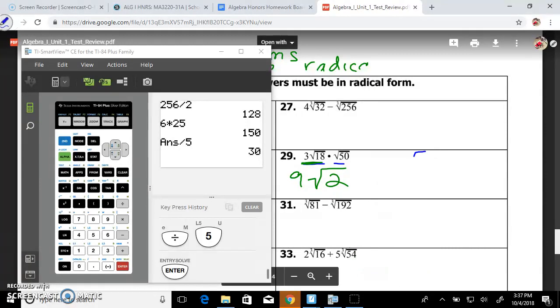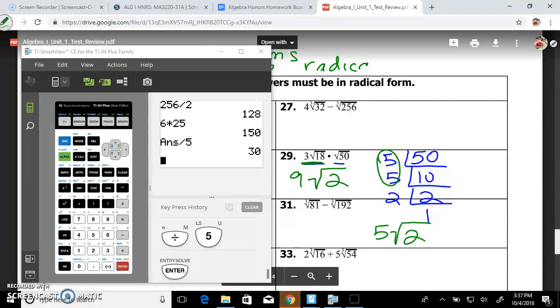So we have 50, that's divisible by 5, also divisible by 5. Group of 2 5s with a square root of 2 left over. So what we're really looking at is 9 root 2 times 5 root 2.